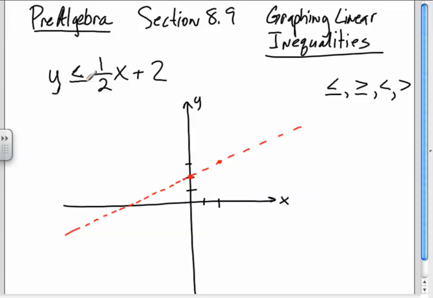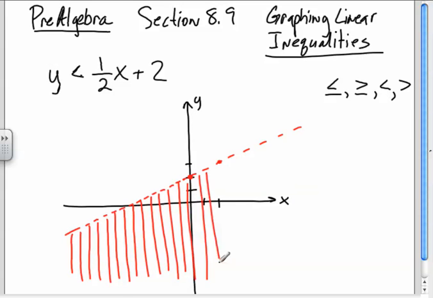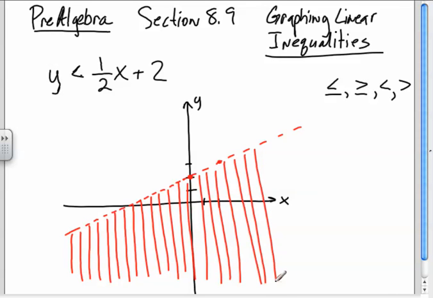But it doesn't say that, so we're going to make the line dotted, and that dotted line tells us that none of the points on the line satisfy the inequality. But since this says y is less than, we're going to shade below the line, and all the points in this shaded area, any of them that we pick, when we plug in their x and y, will satisfy that inequality.